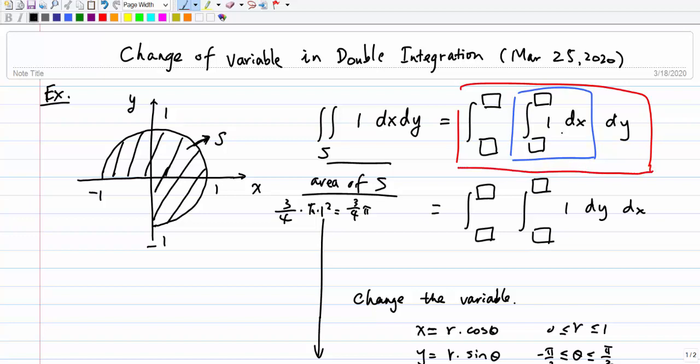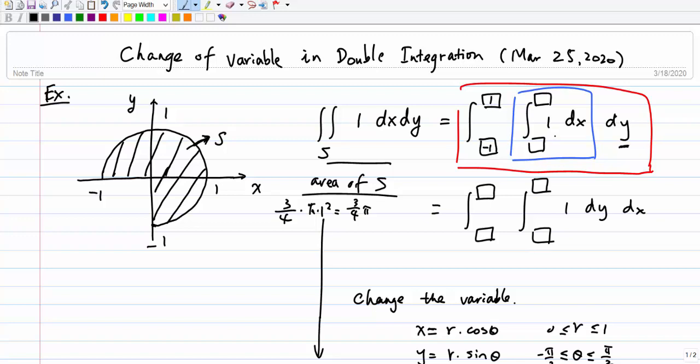Now the challenge for the external integration is, for y as the outside variable, the lower bound and upper bound are the smallest y and the largest y you have in this area. For this area, the smallest y is y equal to -1, and positive 1 is the largest one. You cannot go beyond that because this is a circle-like shape. So you can see this is -1 to 1.